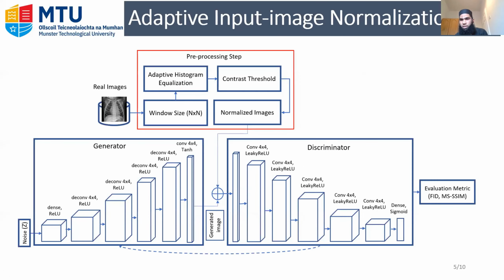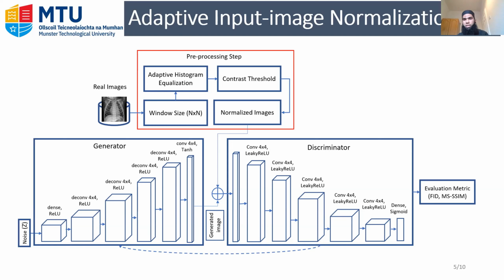We contribute to this pipeline of generative adversarial networks to address this mode collapse problem. So we use adaptive input image normalization to improve the feature information of our X-ray images, so that the discriminator and generator can better perform in order to generate synthetic images. And we use this pre-processing technique that is based on adaptive histogram equalization.